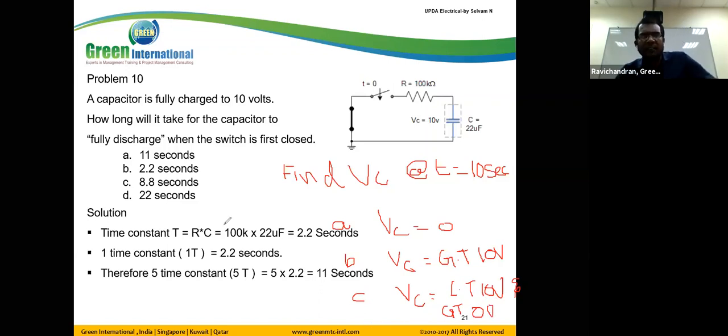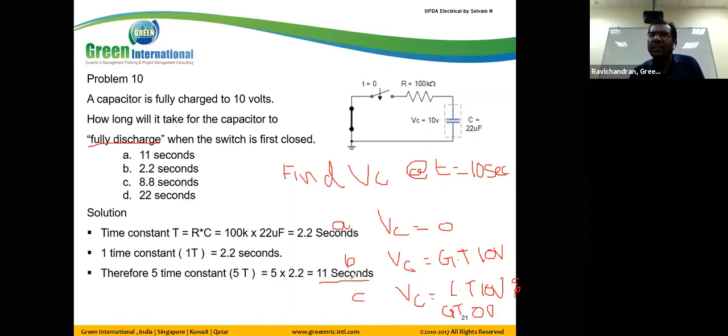Because from the previous problem, we saw that for full discharge it needs 11 seconds. So in less than 11 seconds, it does not fully discharge. That means there is some voltage present in the capacitor.